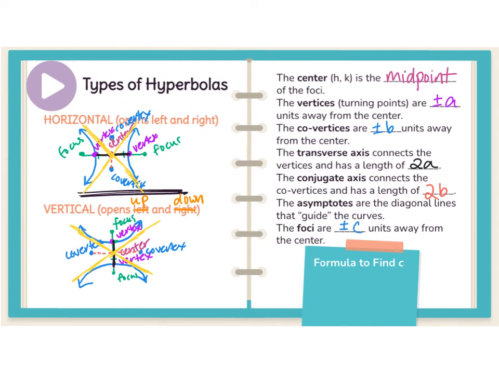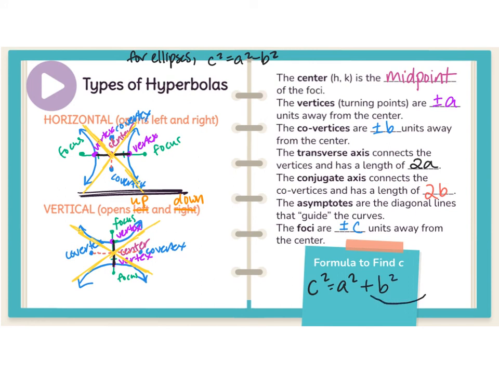Now, when we were learning about ellipses, we learned that the formula to find c was c squared equals a squared minus b squared. However, for hyperbolas, the formula to find c is c squared equals a squared plus b squared.